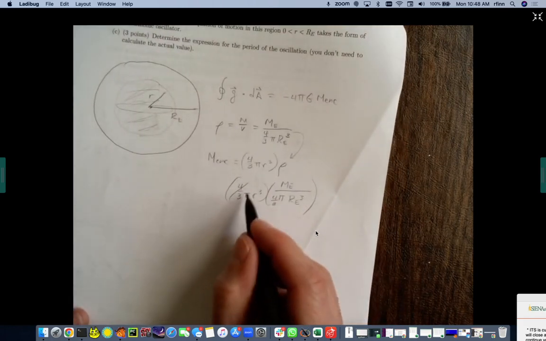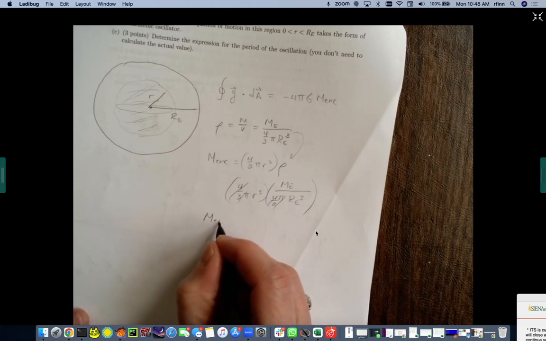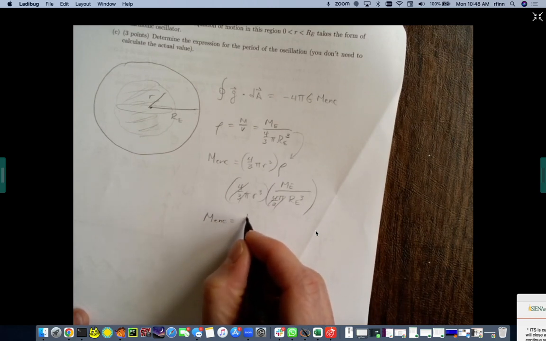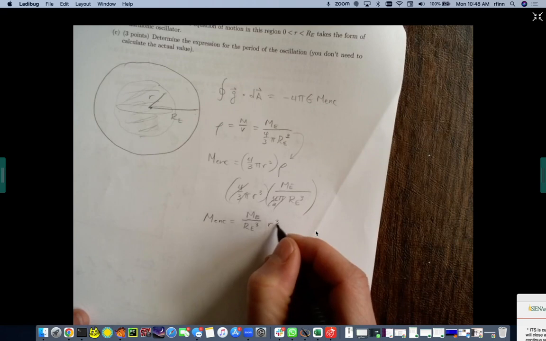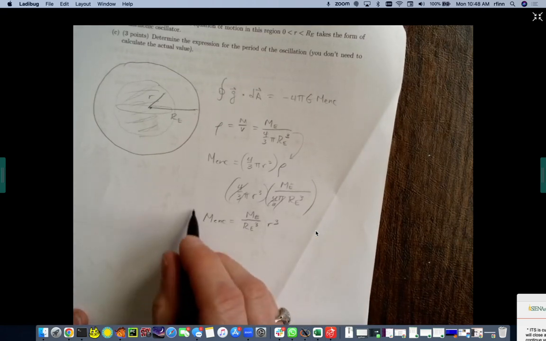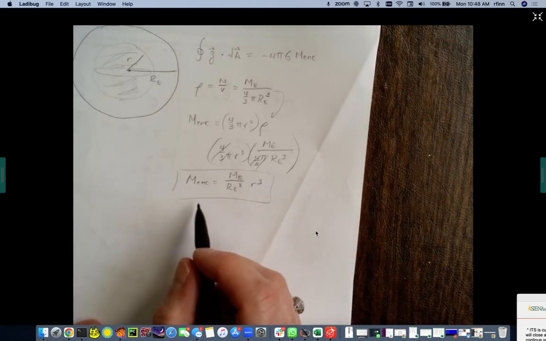Okay, so my 4/3 pi cancels out. And so I get that the enclosed mass is M_E over R_E cubed times r cubed. So that's something a lot of people did not write out specifically.